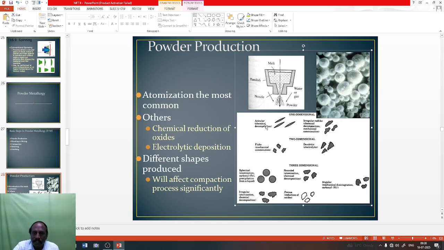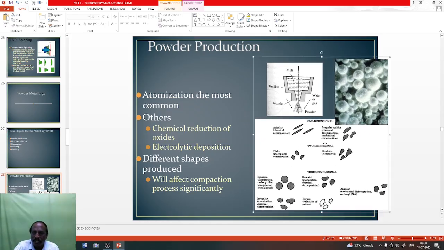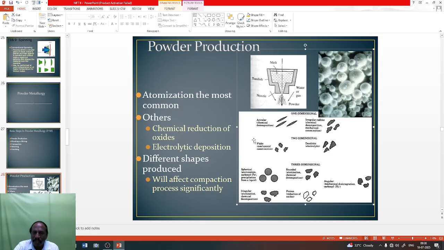Shapes include one-dimensional acicular chemical depositions, irregular rod-like chemical depositions, mechanical components, two-dimensional dendritic electrolytic components and flat mechanical comminution, and three-dimensional round atomization, angular mechanical disintegration, porous radial oxides, spherical atomization, and carbonyl liquid, irregular atomization.